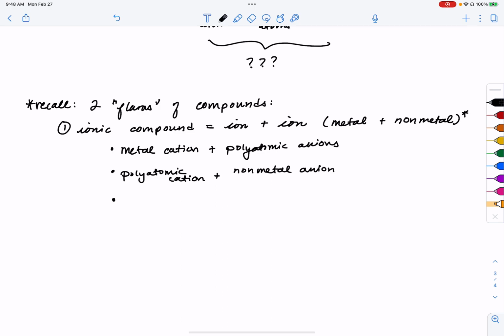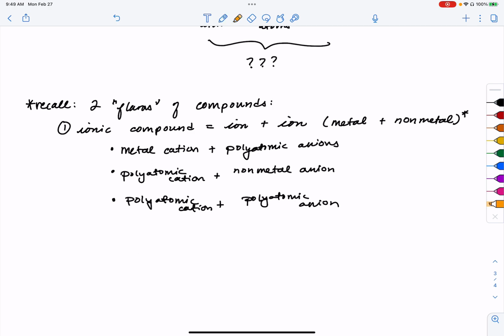And we also see combinations of polyatomic ions, so we have a polyatomic cation coming together with a polyatomic anion.